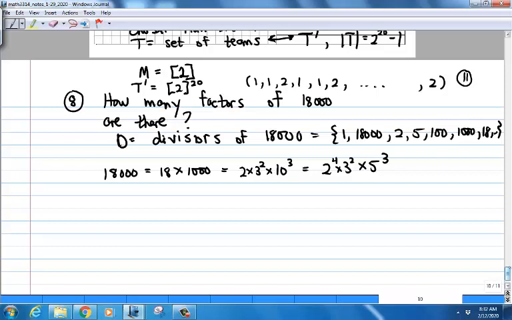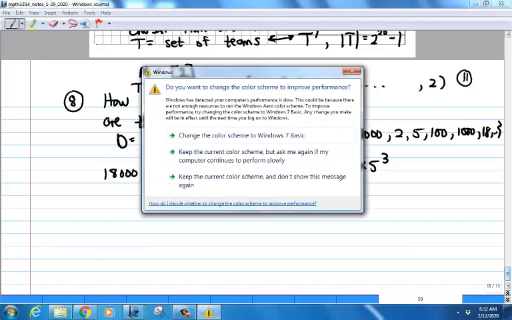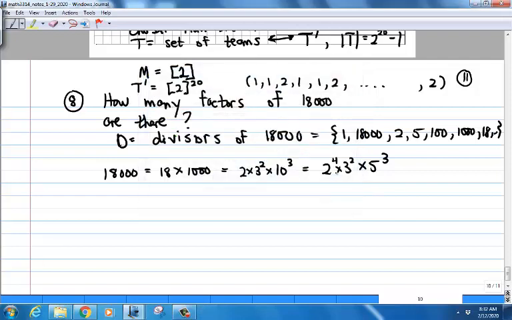So we were right at this example last time. We were trying to count the number of factors of 18,000. We had just gotten to the point of actually writing down the solution. I was using different terminology there, factors or divisors of 18,000.